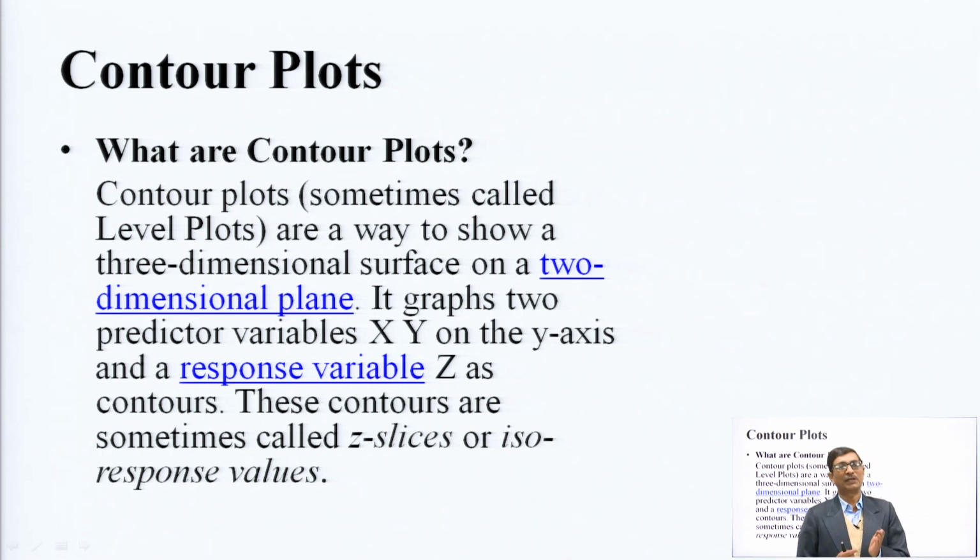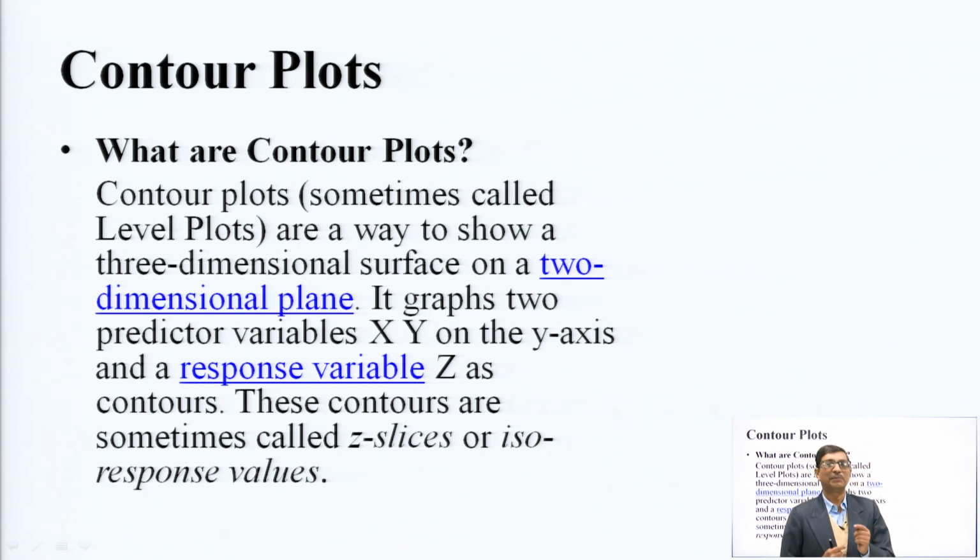it is different from the surface plot. In this we produce a two-dimensional plane, and this graph has two predictor variables x and y on the y axis. Remember, both predictor variables x and y are on the y axis, while in a surface plot the predictor variables are on separate axes, x and y.